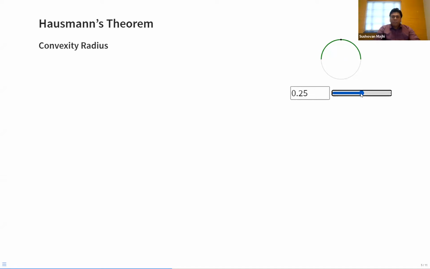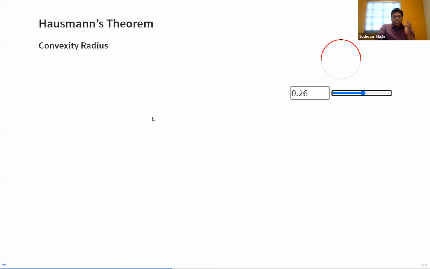For a quarter of the circumference, I still have, this is an open ball, I still have a convex metric ball. But as soon as I go beyond a quarter, as you can see, the antipodals are now included in the metric ball, and you can go either this way or the other way to join them by a shortest geodesic. But now it's not convex, right?